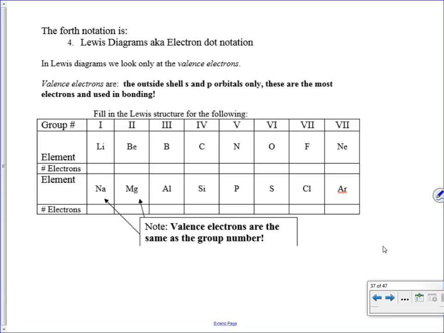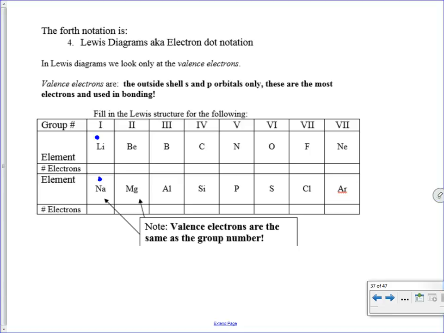So I've done the first step. We have the symbol. And the first column, how many valence electrons do we have? 1, because there's only 1 electron in that s outer orbital. So basically, the Lewis dot diagram of anything in the first column is their symbol with one dot.